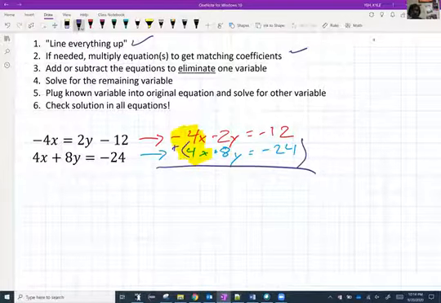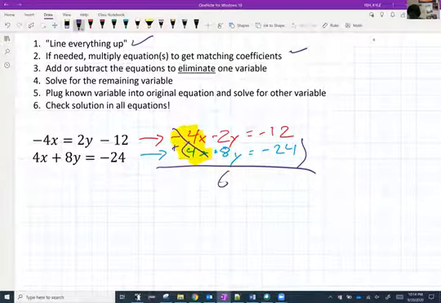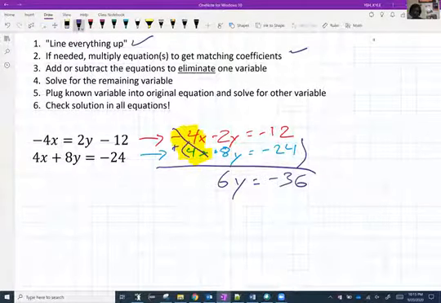So I'm going to add that entire second equation. Watch what happens. Negative 4x plus 4x, well, that's gone. That's our 0x's. We eliminated the x. Negative 2y's plus 8y's, 6y's. And negative 12 plus negative 24, so we continue going in the negative direction, equals negative 36.